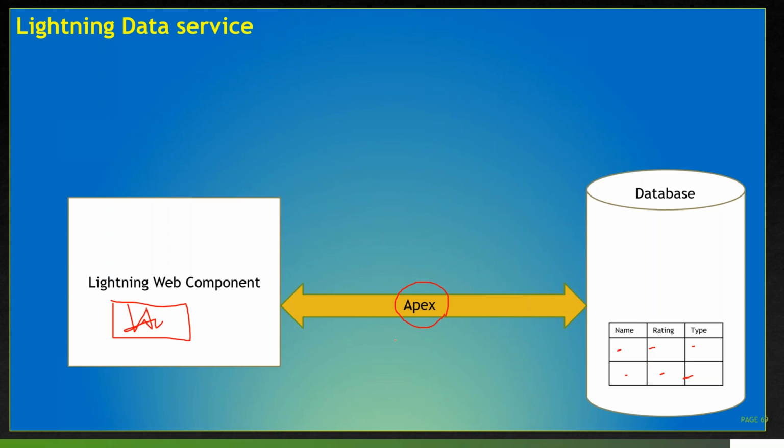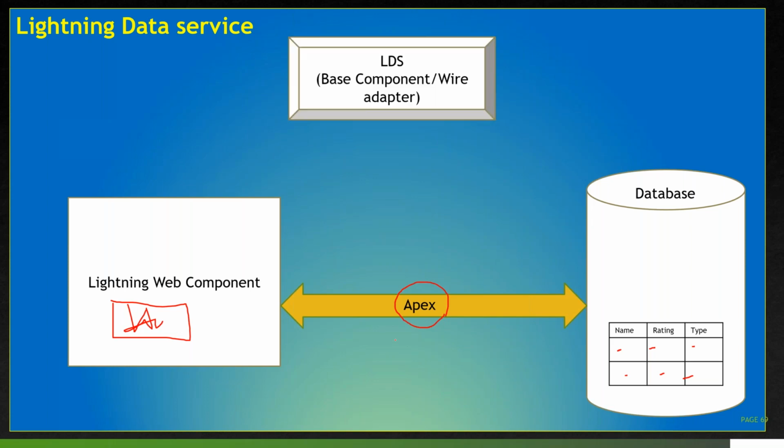Now there is something called LDS, Lightning Data Service. Starting from the Aura Lightning component, Salesforce came up with Lightning Data Service, which is built on top of the Lightning web component.